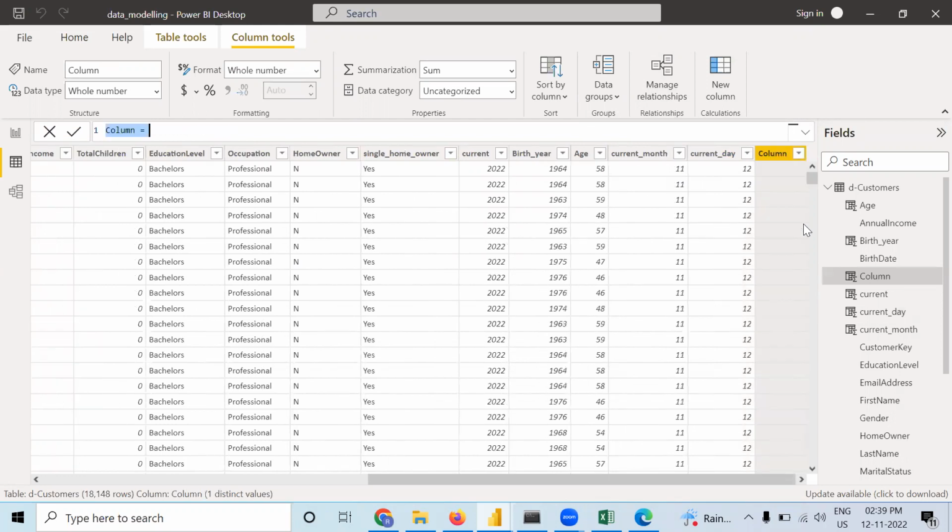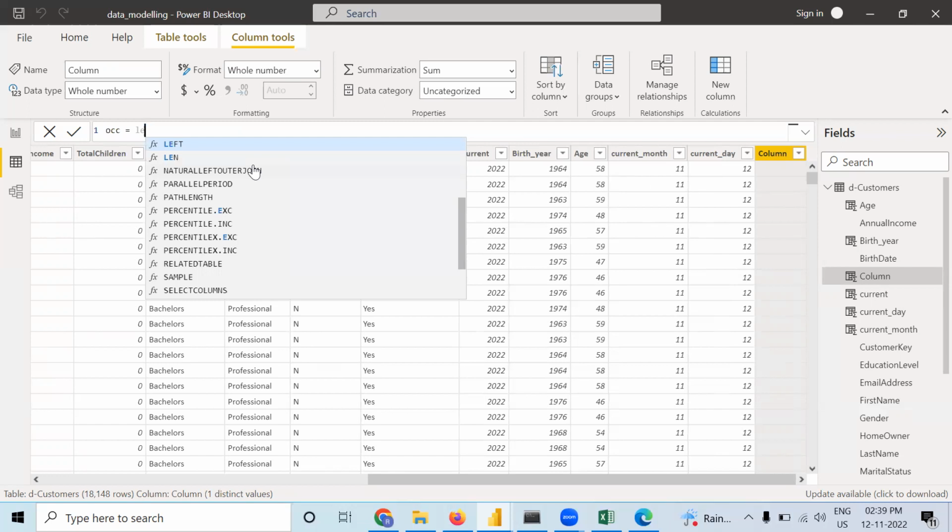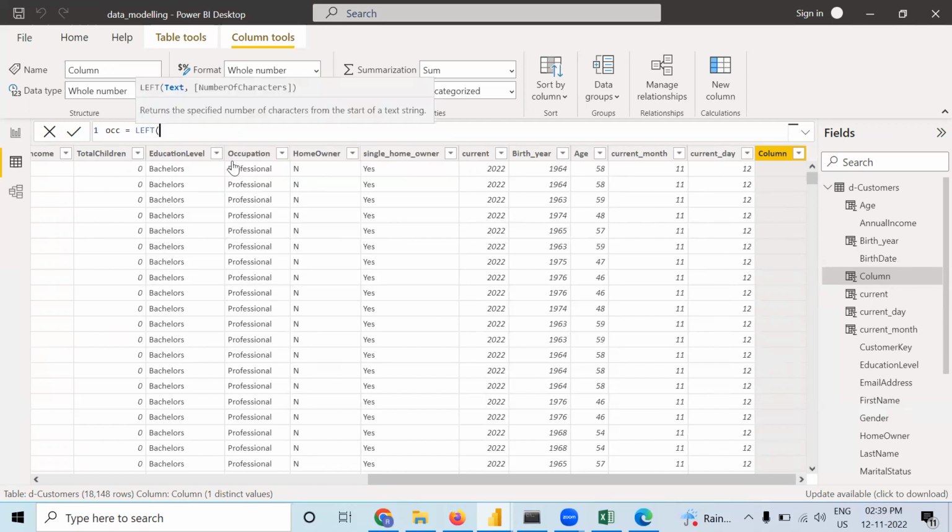So here I am taking this occupation column and trying to shorten its terms. For that, I will be using the left function because I want to extract some of the letters from the left of this particular column's entries.